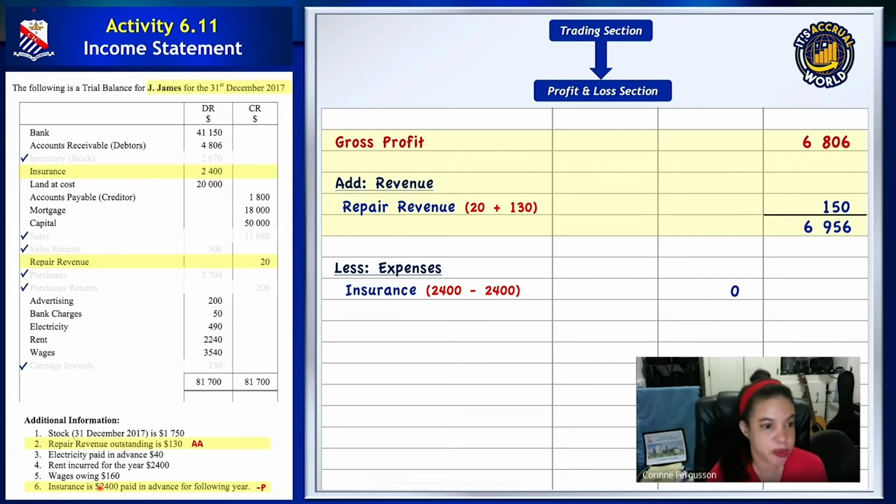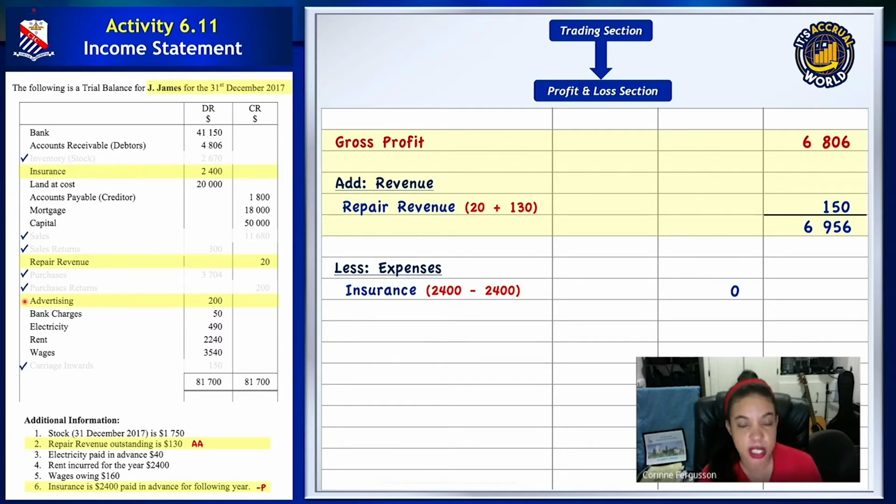Okay, so we go down again and we're looking for any expenses. And we have advertising. We look down in our notes for anything to do with advertising and we don't see anything.